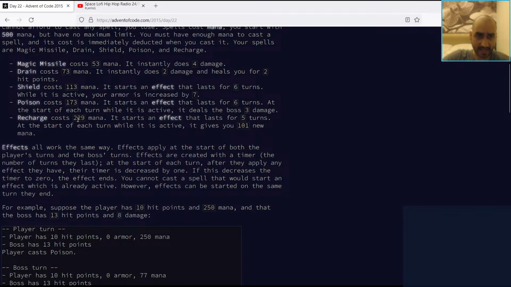So yeah, you're trying to basically find any path which gets the enemy to 0 health. That's the goal.